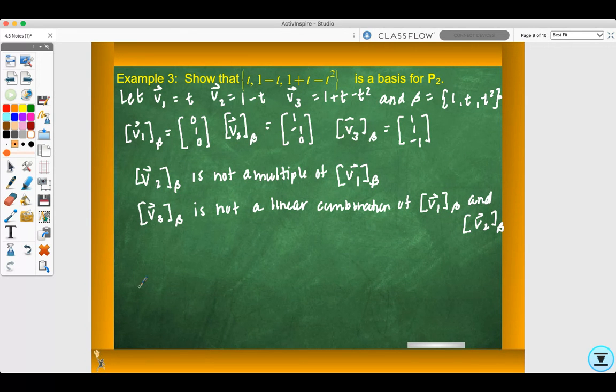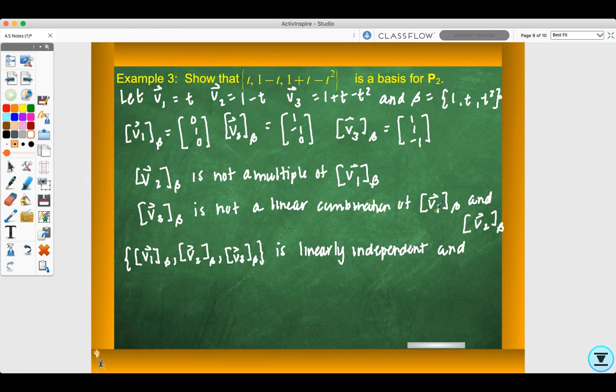Therefore, our three corresponding coordinate vectors are linearly independent. And therefore, our vectors are also linearly independent.